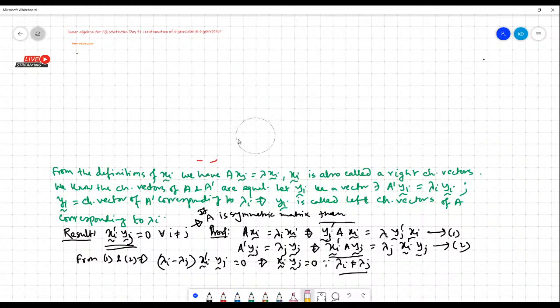I think this is result 2: xi curl prime yi curl equals di.